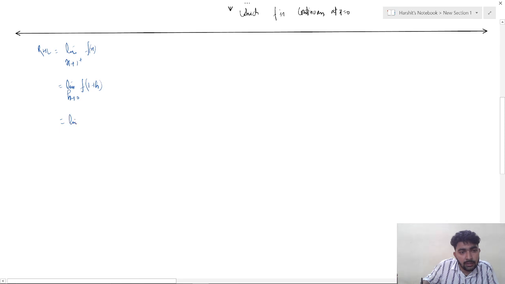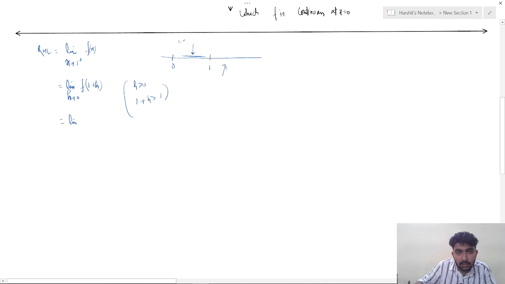Again you observe that here you have 1, here you have 0, and 1 minus h has to be in between, it will not be behind the 0. And 1 plus h where? Because h is a positive quantity, 1 plus h is greater than 1. It means 1 plus h is here; here you have 1 minus h, here we have 1 plus h.